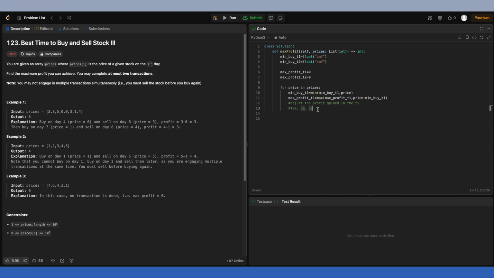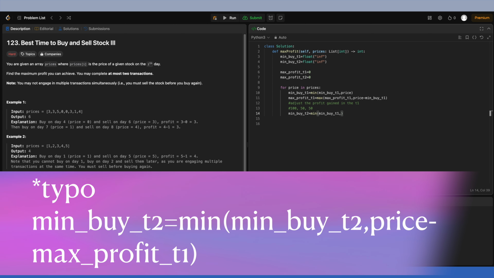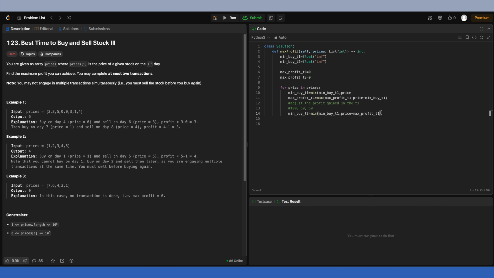So now minimum buy T2 would be the minimum of minimum buy T2 comma the current price minus the profit we gained on transaction 1, because we need to adjust.